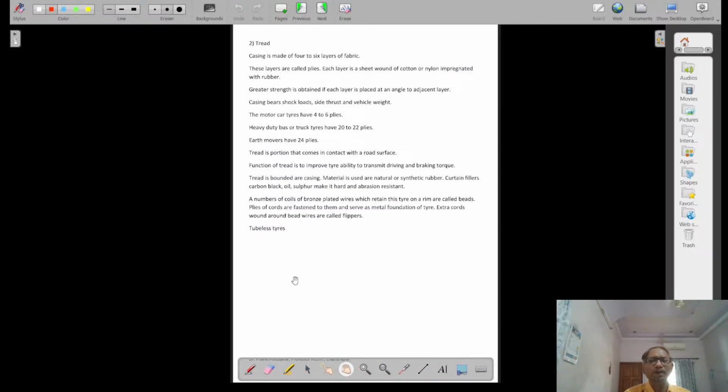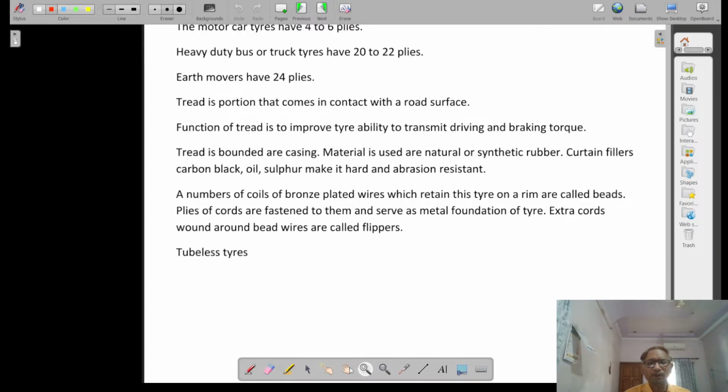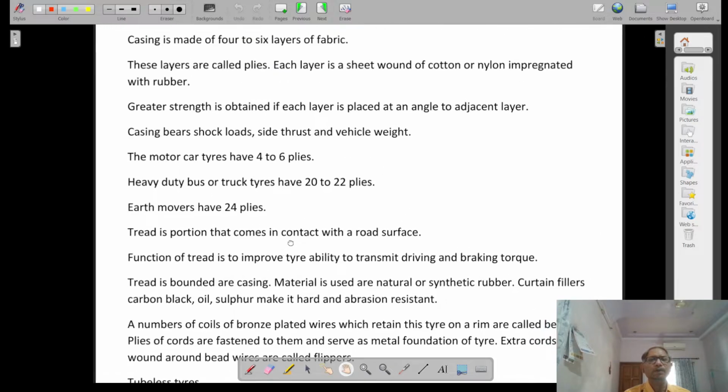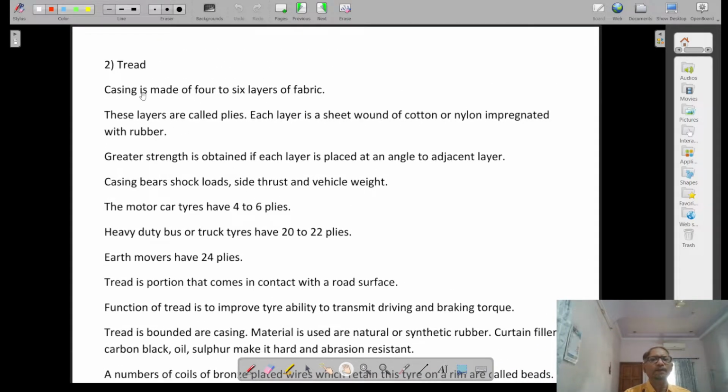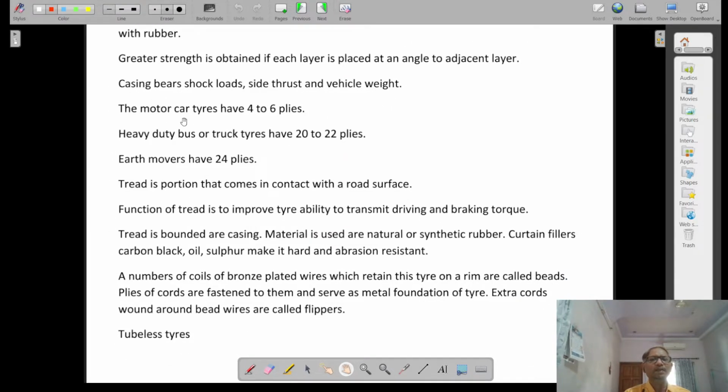The casing can be made of 4 to 6 layers of fabric, called ply, of nylon impregnated with rubber. Motor car tires have 4 to 6 plies, heavy duty tires 20 to 22 plies, and earthmovers more than 24.